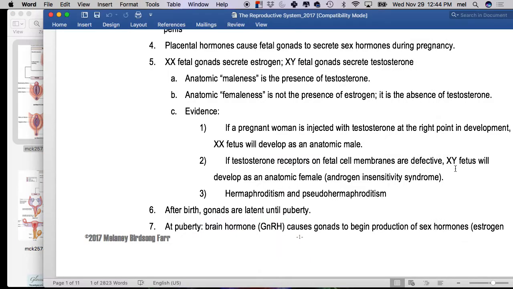And then you raise this baby, right? And these girls with androgen insensitivity syndrome, they look like girls, and girls and boys really aren't very different until you hit puberty, right? Neither sex actually secretes very much of reproductive hormones between development and puberty.